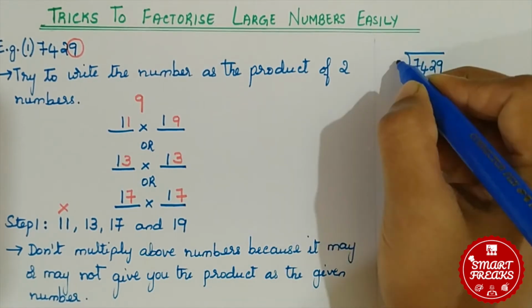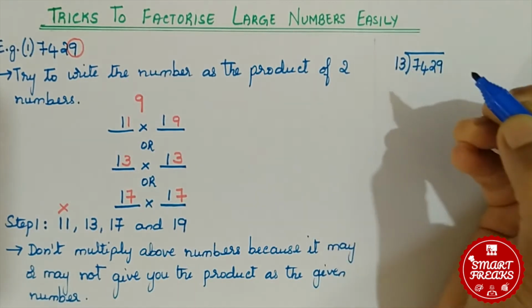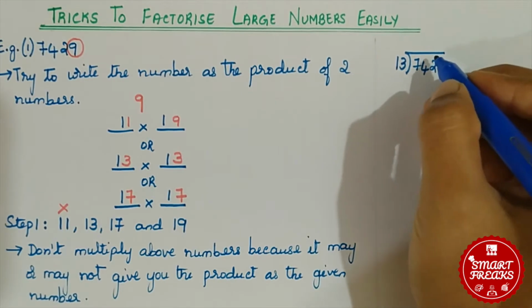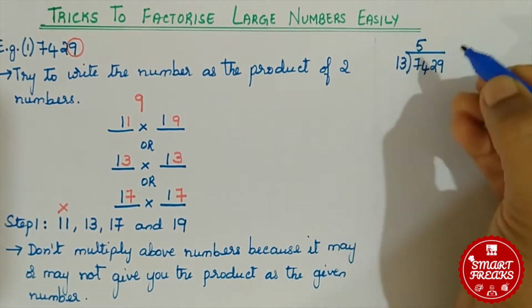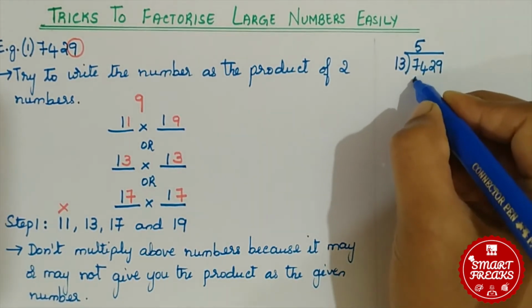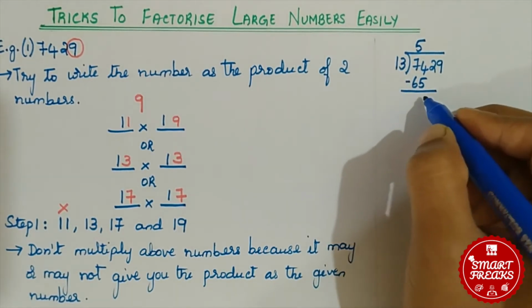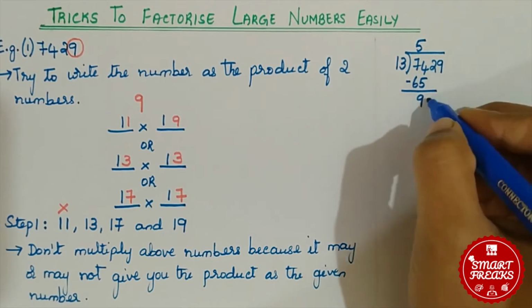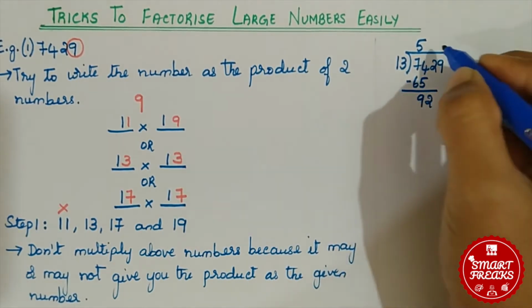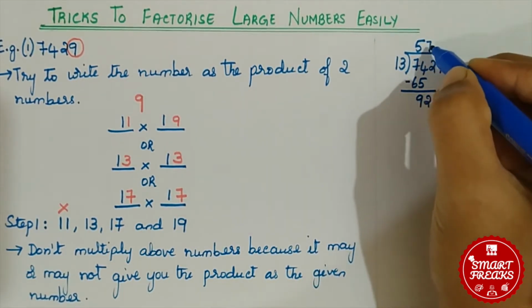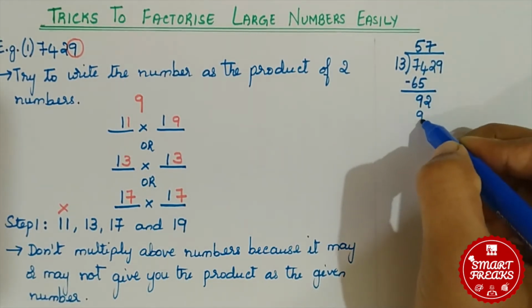Now we will do 7429 divided by 13. 13 5s are 65. Subtract, you get 9. Bring 2 down, it is 92. 13 7s are 91.